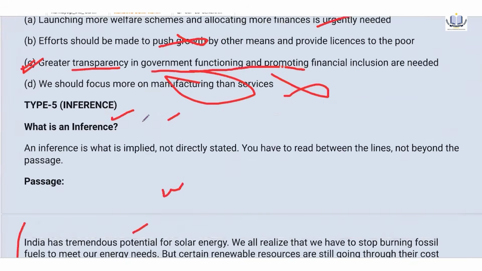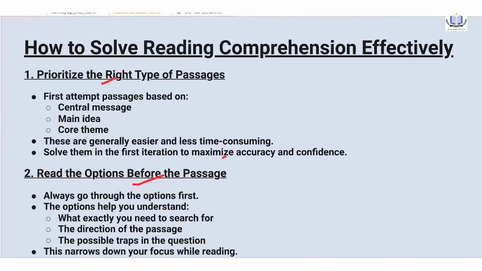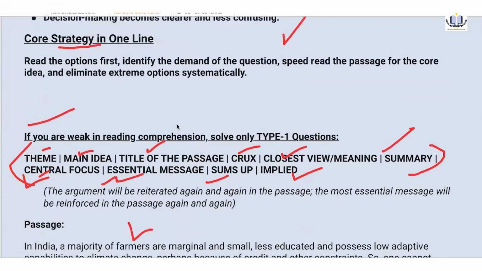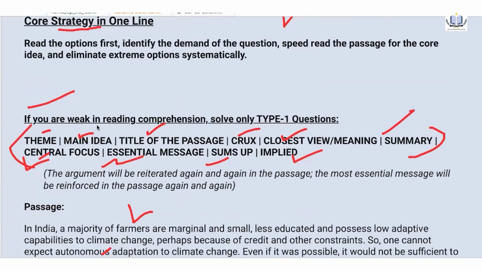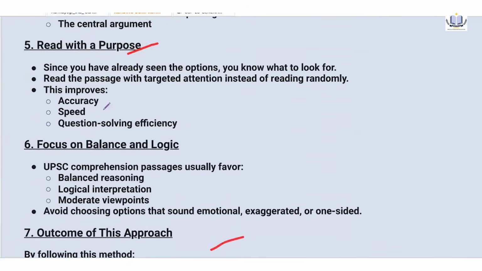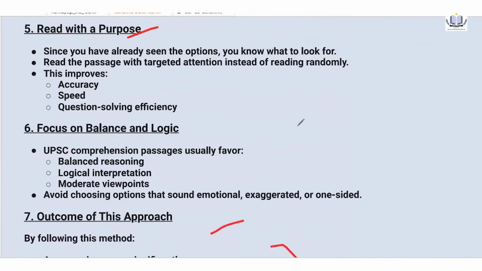Now let's revise the types of passages. How do you have to solve the question? If you are weak in reading comprehension, you have to choose type 1. Why type 1? Because that is easier to find. Main idea, title of the passage, crux, closest view, meaning, summary, central focus, essential message, sums up, implied. Secondly, you have to first read the question.